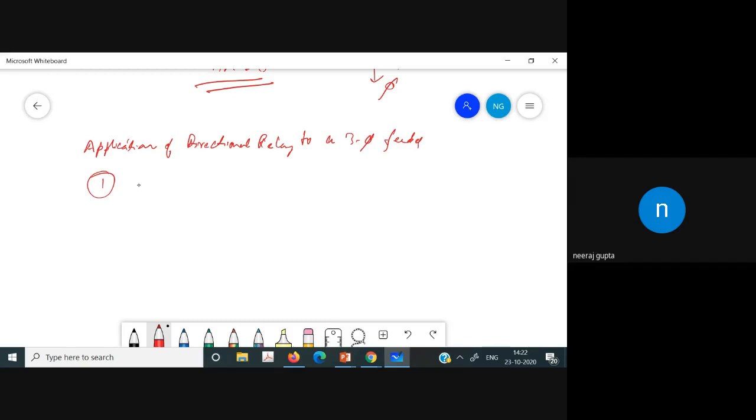The relay must operate for the forward faults. It must restrain during the reverse faults.